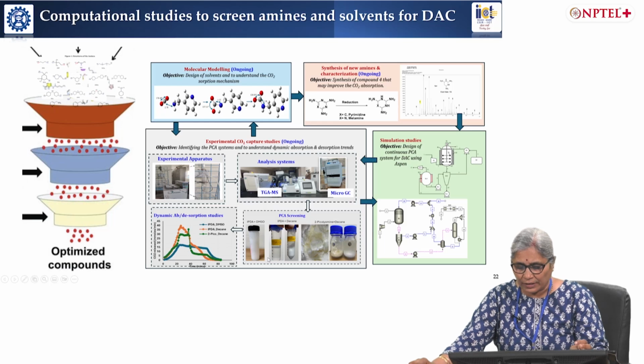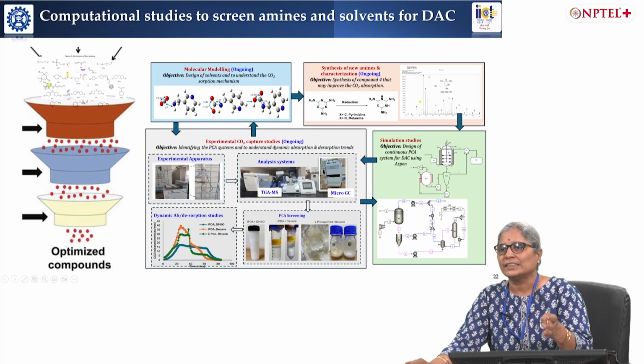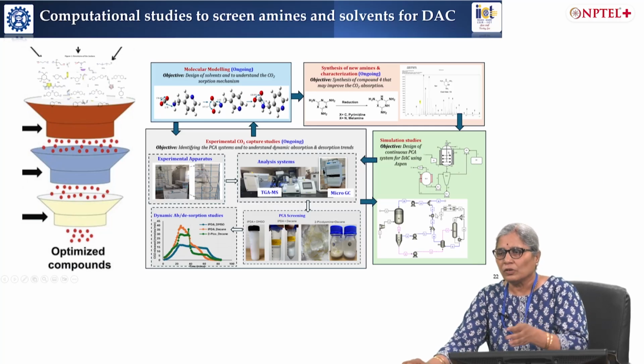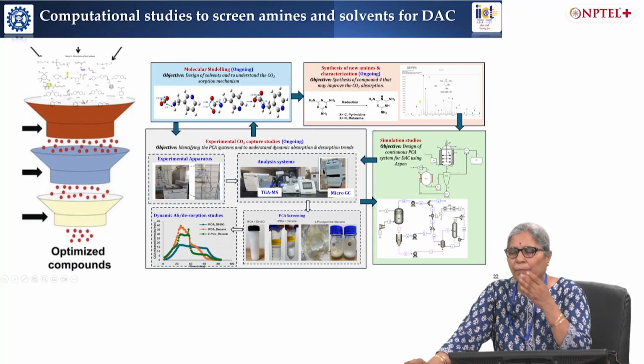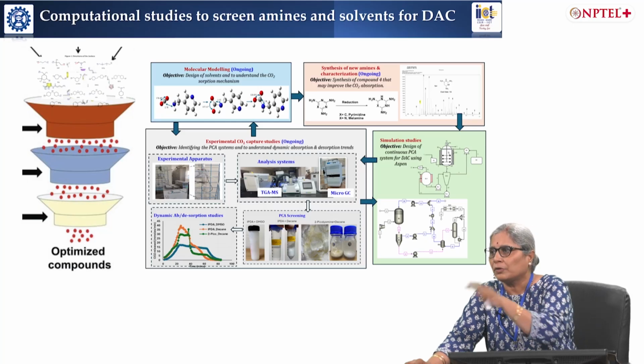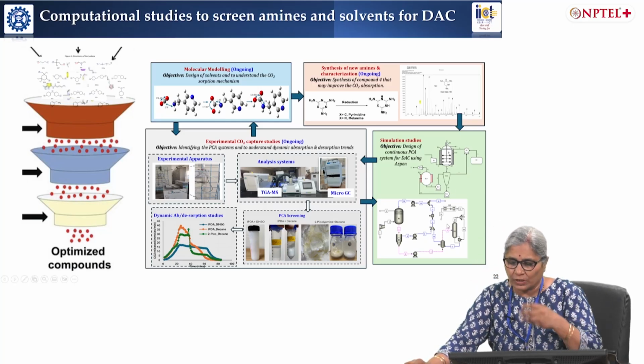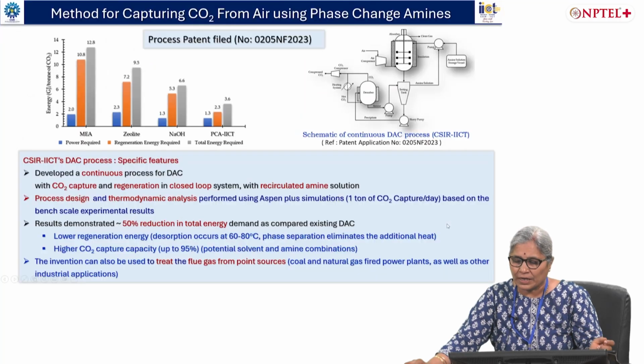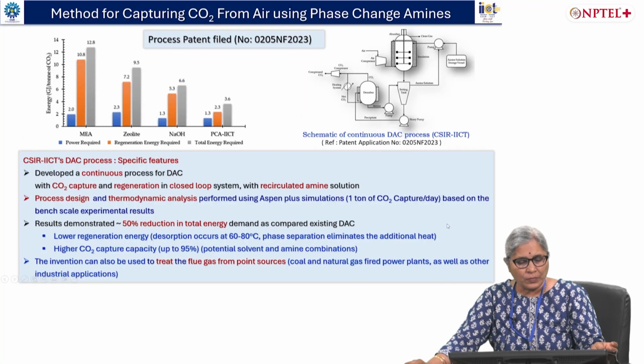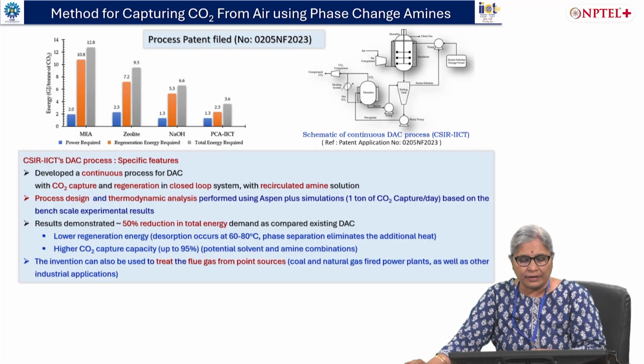As you can see, once this amine in a given solvent reacts with carbon dioxide, it forms a solid form. Since it is a CSIR lab, they will not appreciate it until you take it to the pilot scale. So we have developed the process for this with the help of chemical engineers, and the patent is also granted.